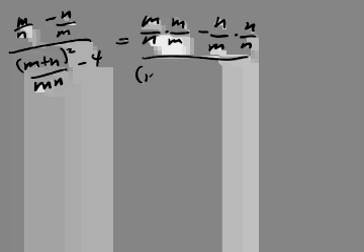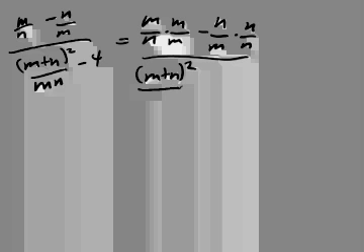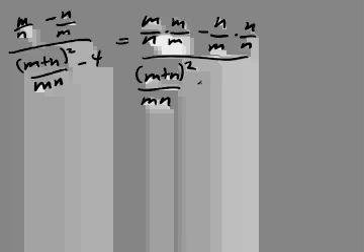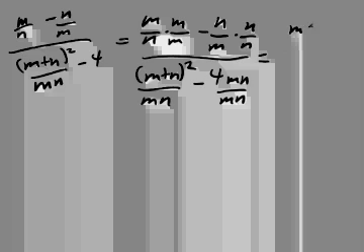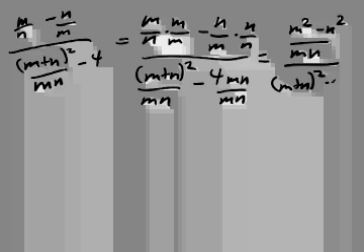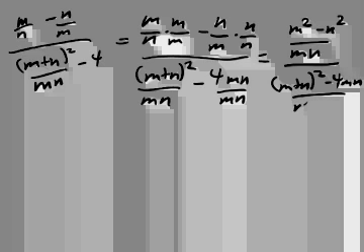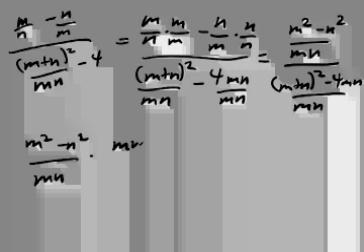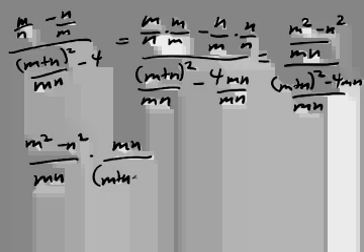Meanwhile, down below, (m plus n) squared over mn, we won't change, but the negative 4 will multiply by mn over mn, yielding (m squared minus n squared) over mn, over (m plus n) squared minus 4mn over mn, which can be rewritten (m squared minus n squared) divided by mn times mn over (m plus n) squared minus 4mn.